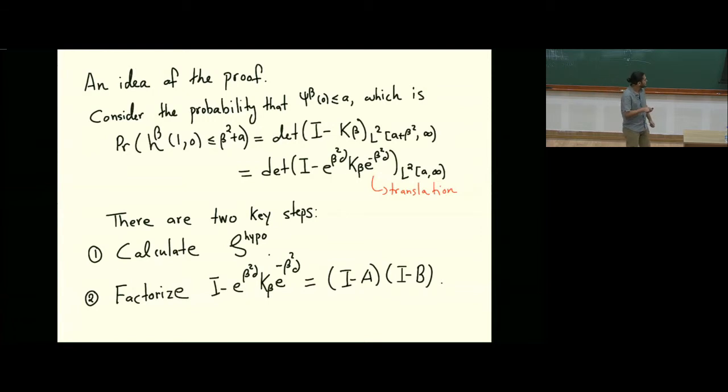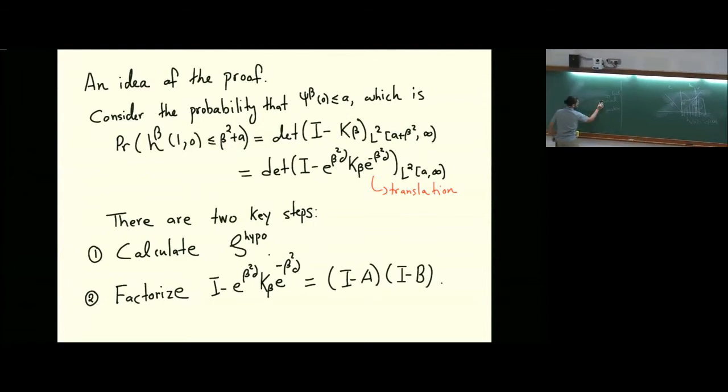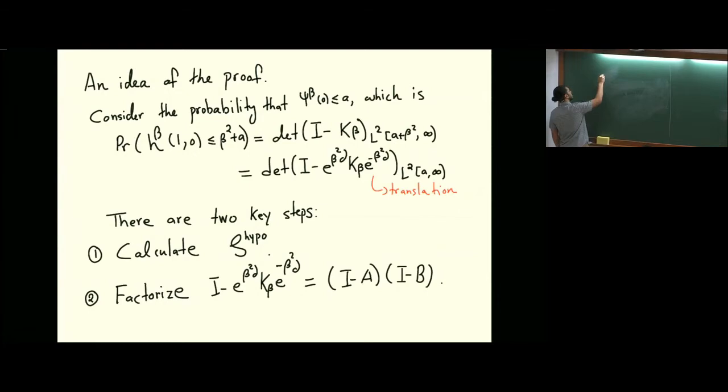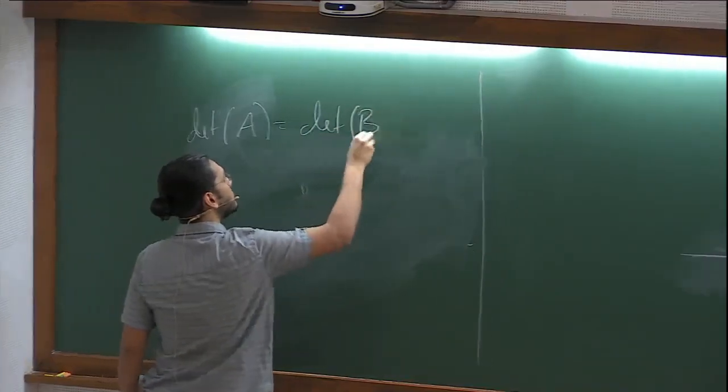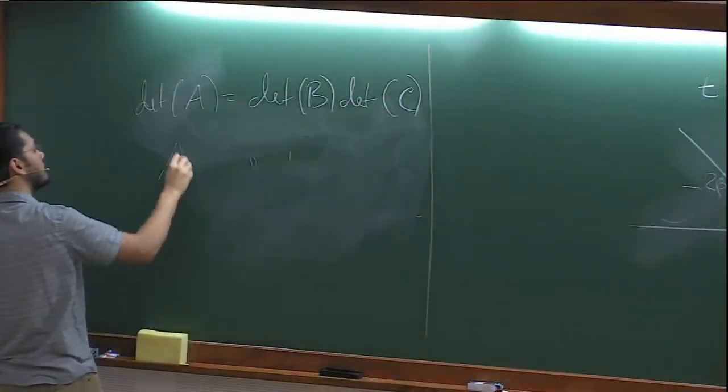And now you have to do 2 things. You have to compute k beta, and to be able to do that, you need to compute the hypo. And then you have to show that in the limit, this is going to converge to the square of an F1 distribution. So how are you going to get a square of a distribution? You have a matrix, and you want to say its determinant squares. Well, there are basically 2 ways that you can have the determinant of A being the determinant of B times the determinant of C. One is that A looks like the following.